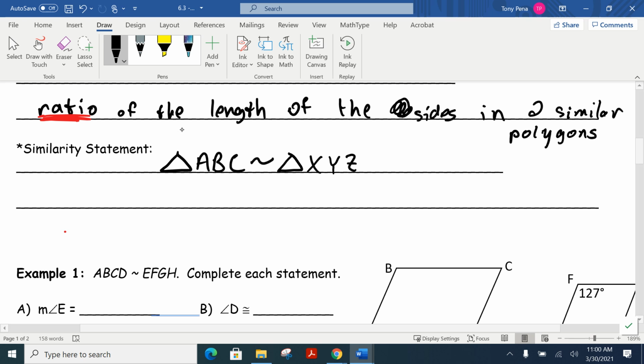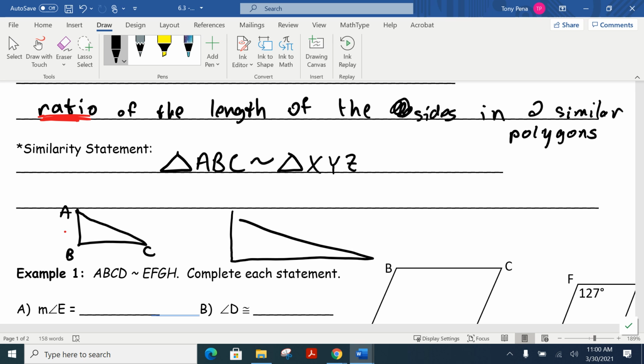Then underneath that, let's draw in some figures like we did before. So let's draw in the same look and shape we dealt with before and call this A, B, C. And then draw in a similar looking triangle, but just bigger here. And we'll call this X, Y, and then Z.